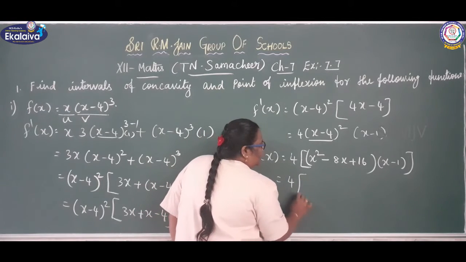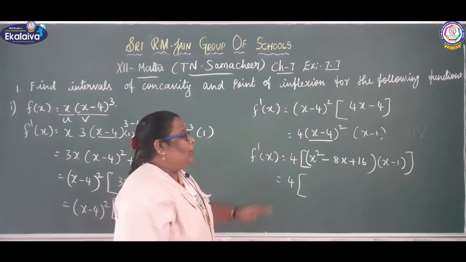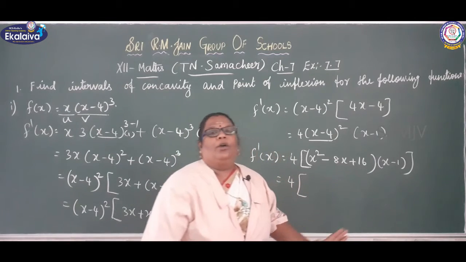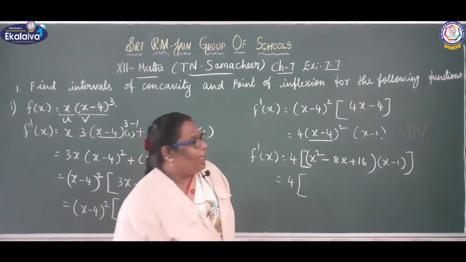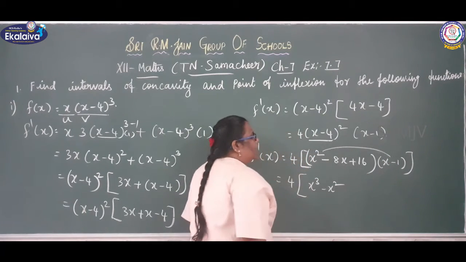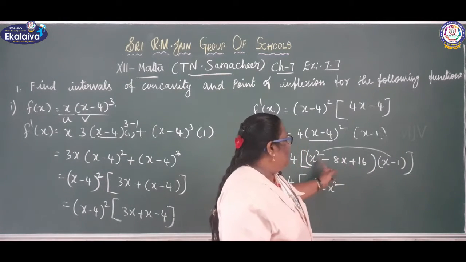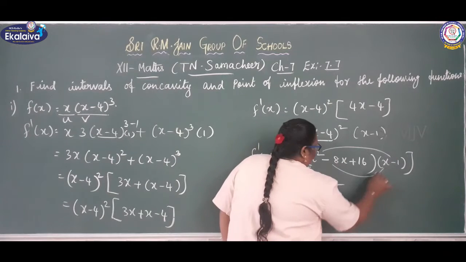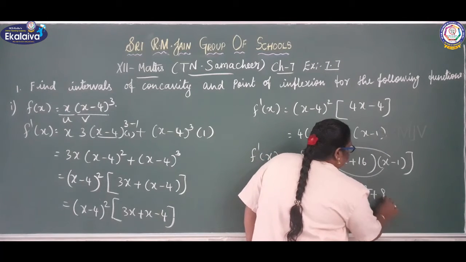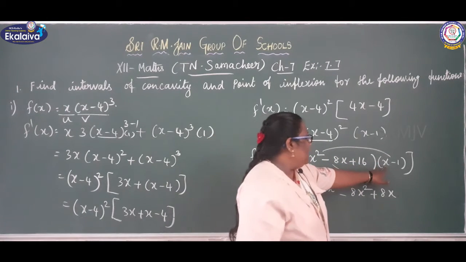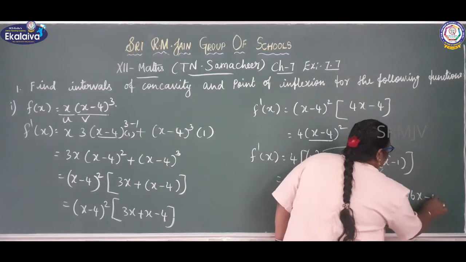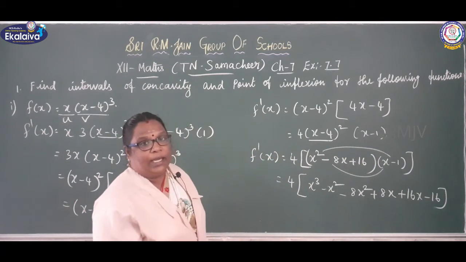So it gives 4 into, you can multiply, it is easy, because otherwise you have to apply the uv formula again for f double dash of x, or you can simplify, get the value and then do f double dash of x. x square into x becomes x cube minus x square, minus 8x square plus 8x, minus 8x square, minus into minus becomes plus 8x, plus 16x minus 16.